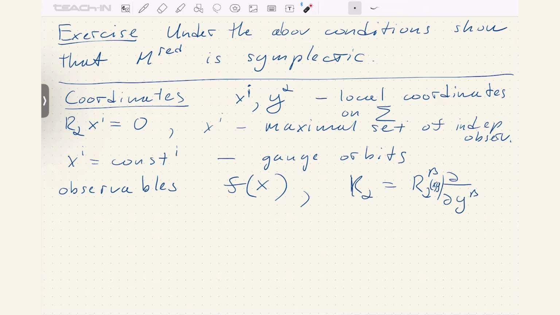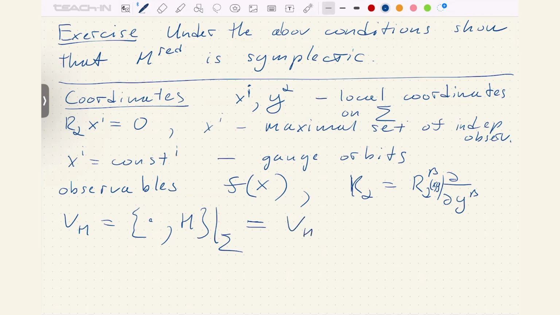So what does evolution look like in these terms? Evolution is our vector field VH, which is by definition just the bracket with Hamiltonian restricted to sigma. But this one is not supposed to annihilate observables. On the contrary, it should determine evolution of observables.